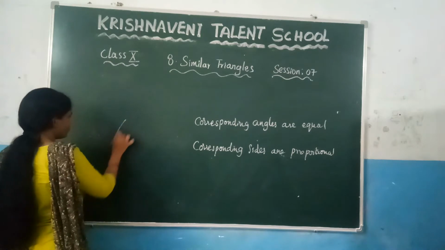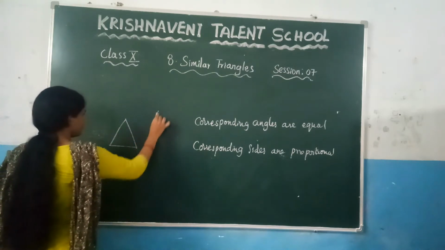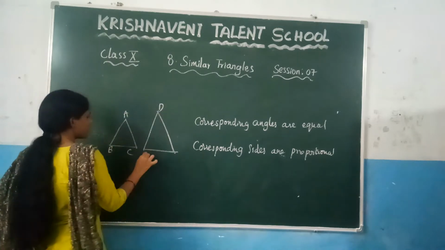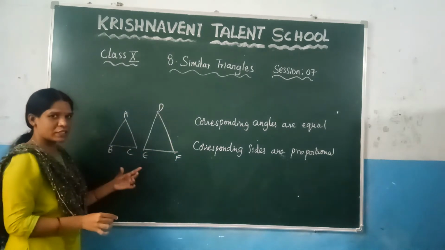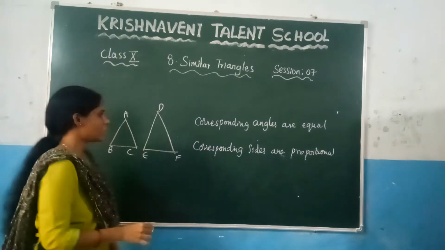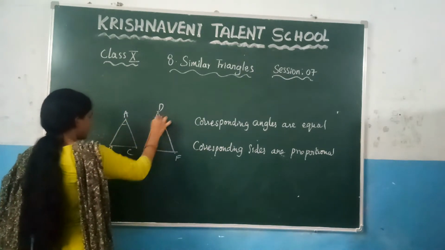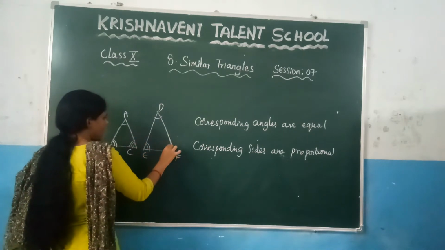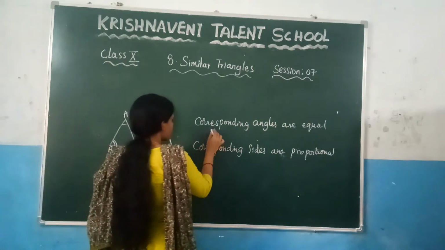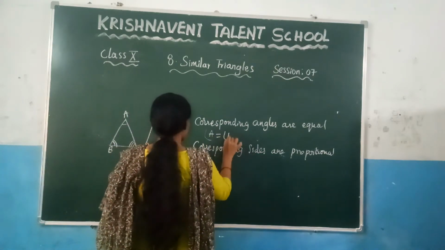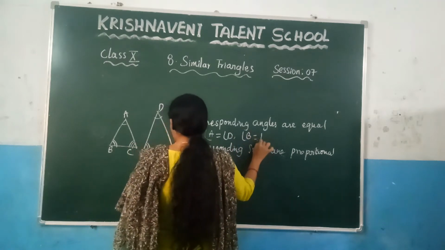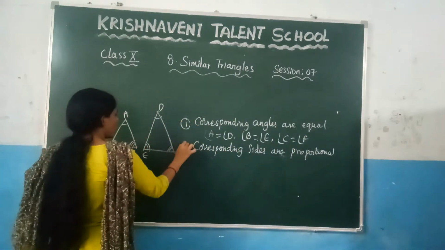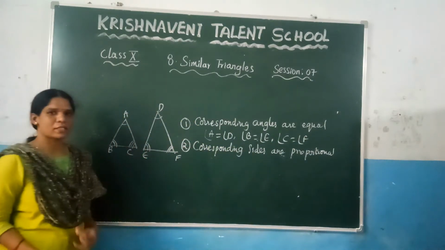So let us consider two triangles here, ABC and DEF. What should be the first condition? Corresponding angles are equal. That means angle A is equal to angle D, angle B is equal to angle E, angle C is equal to angle F. The second condition is that the sides are proportional.